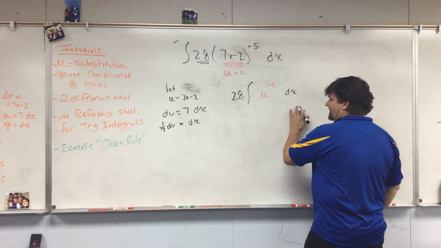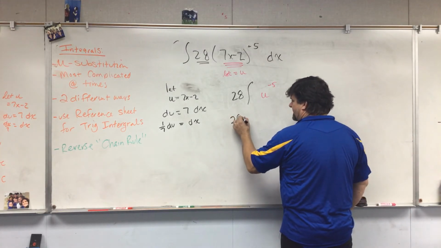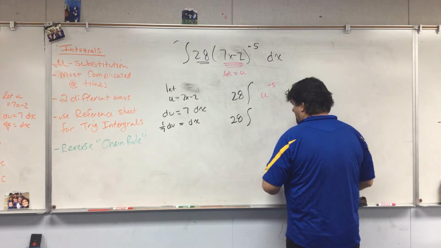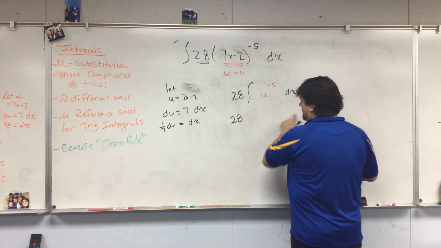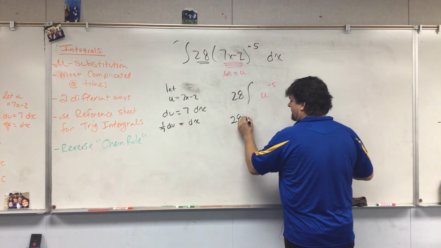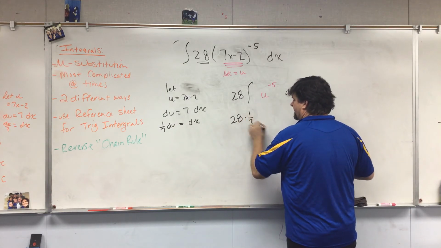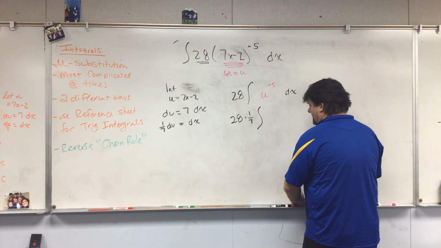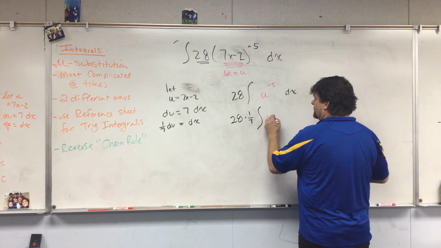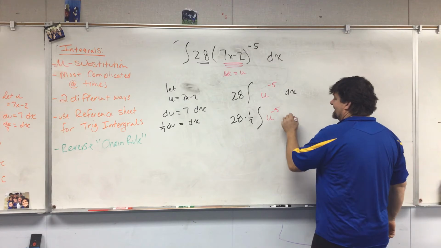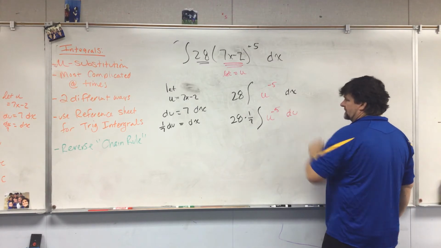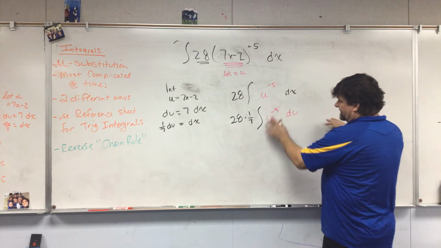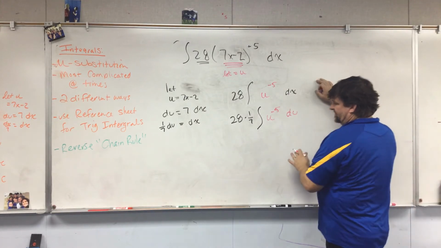That means, if I rewrite this, I have 28 times the 1/7 here times the integral of u^-5 du now, because I changed it. So now I can integrate this. This is easy to integrate. You guys have done this before.